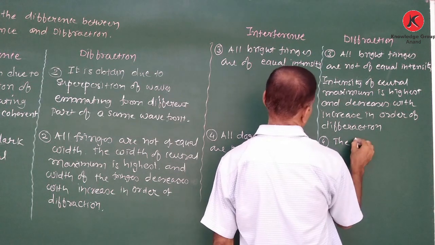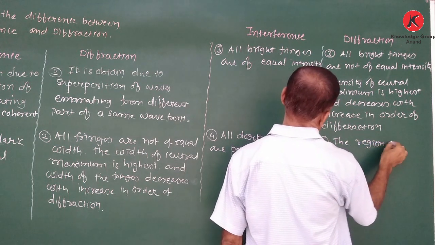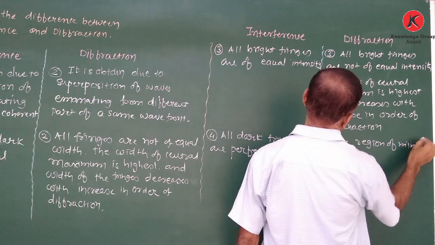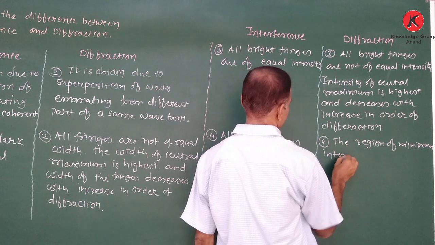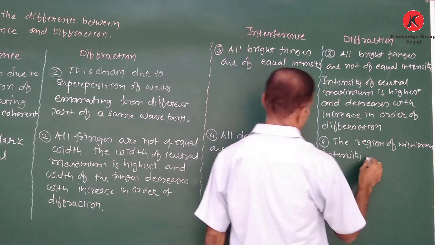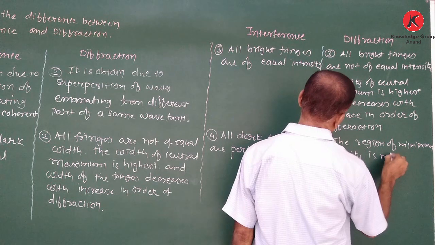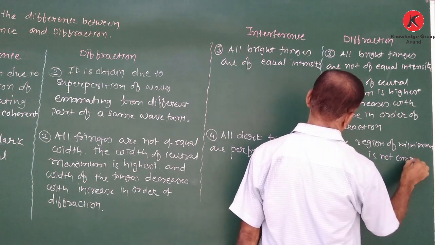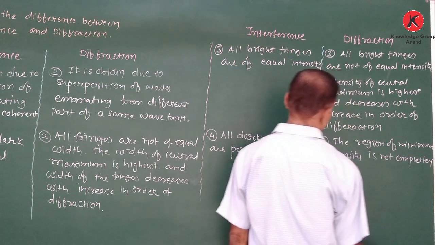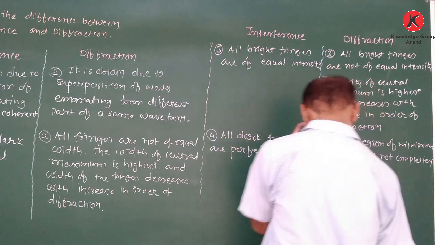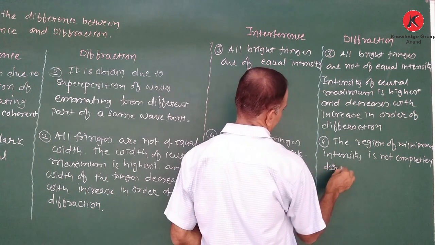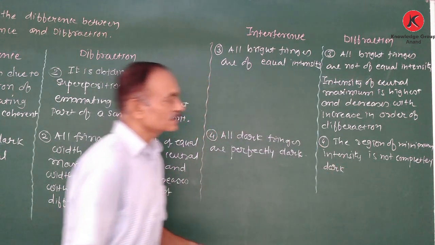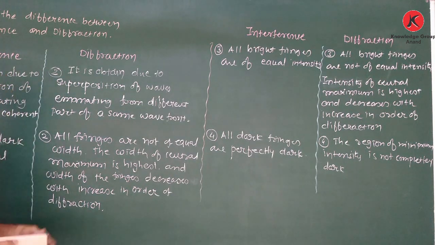The region of minimum intensities is not completely dark. So, friends, this is the difference between interference and diffraction.